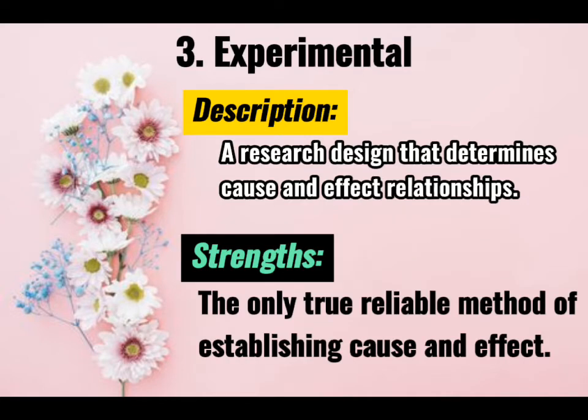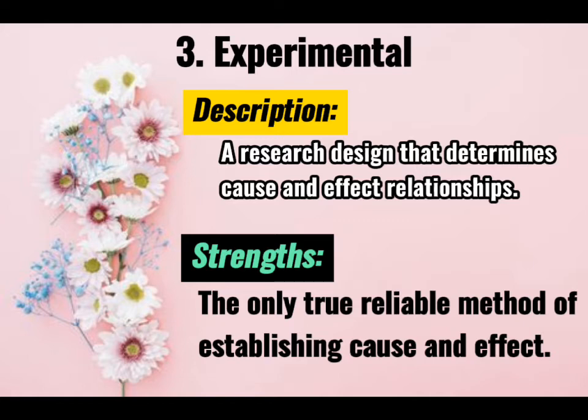Then, let's proceed to experimental study. It determines the cause and effect of relationships. It provides the highest level of evidence for a single study and is the most common research that we know. It enables the researcher to maintain control over all factors that may affect the result of an experiment.